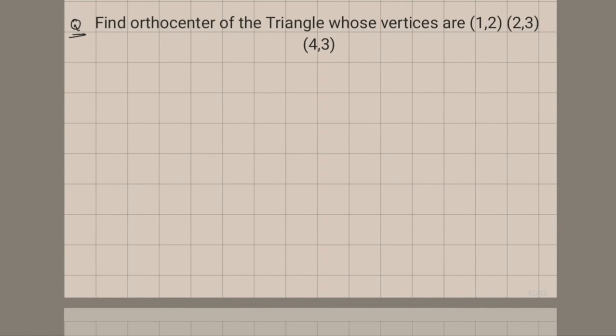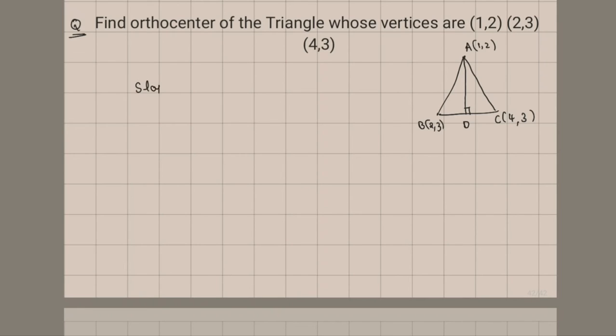The question is, we need to find the orthocenter of the triangle whose vertices are 1, 2, 2, 3 and 4, 3. Let's say this is A (1, 2), B (2, 3) and C (4, 3). So for one height AD, we need to find the equation of AD.